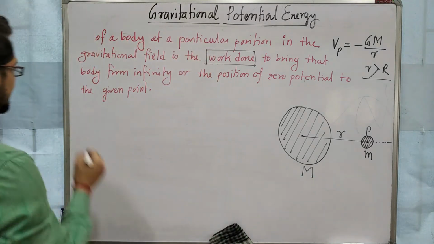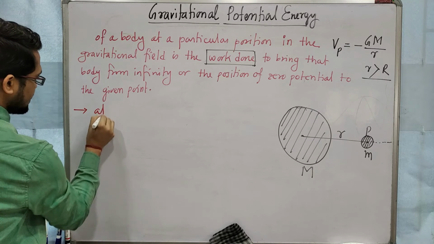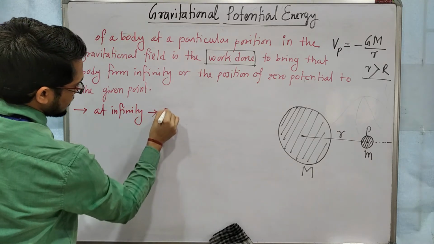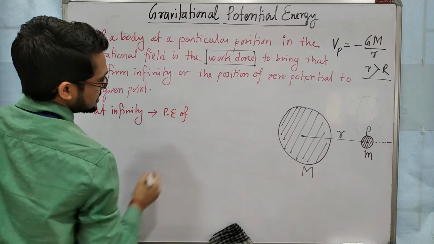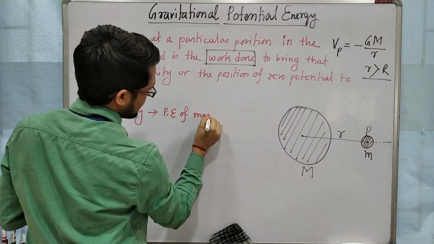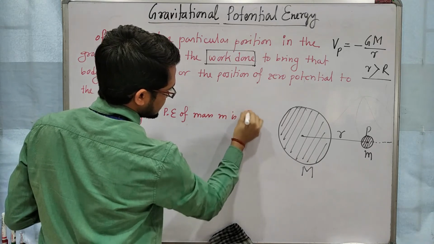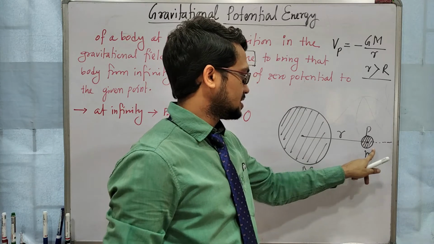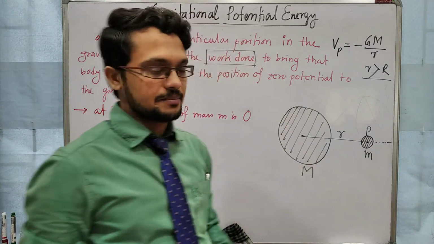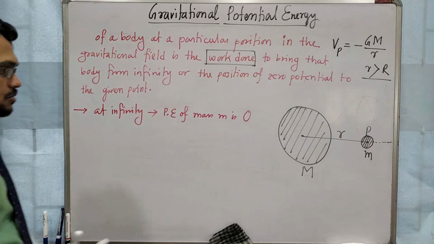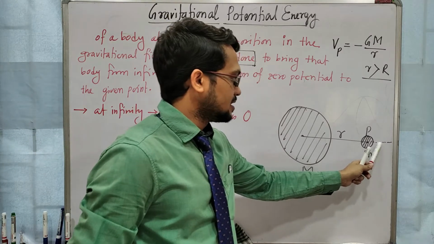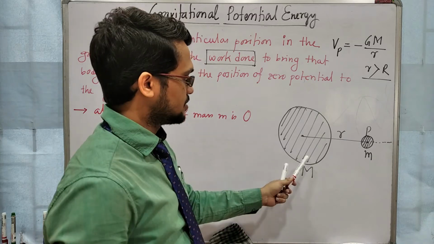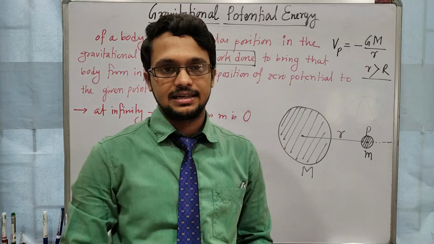So initially at infinity, the potential energy of mass m is 0, because there is no gravitational attraction on this body due to mass capital M. Now when that body is coming from infinity, we are talking only about the gravitational attraction force.